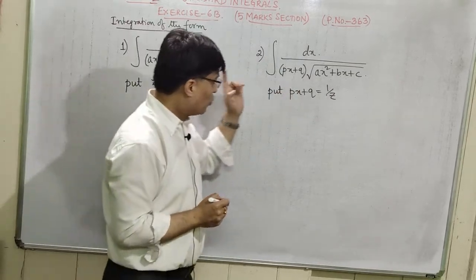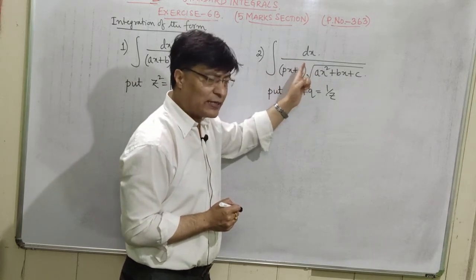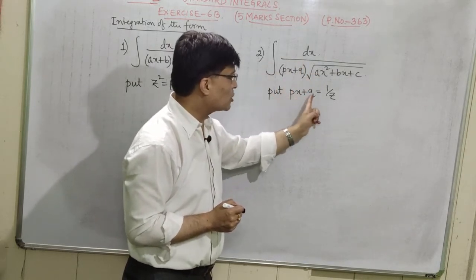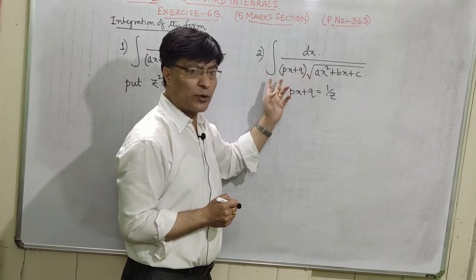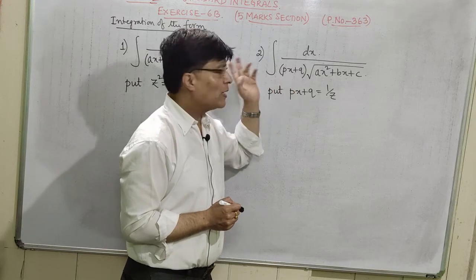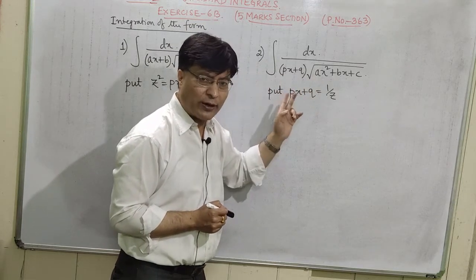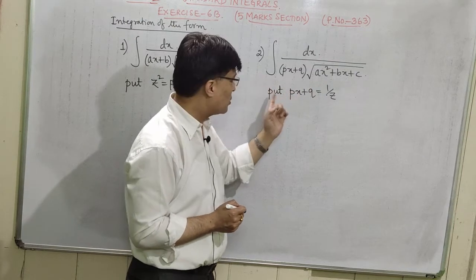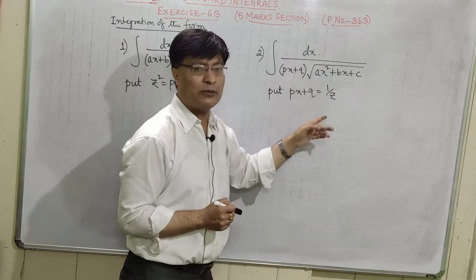So whenever you have such type of integration, you always put px plus q is equal to 1 upon z. The expression outside the square root is a linear expression in x, and the expression under the square root is a quadratic expression in x. So whenever you have such an expression, we always put px plus q, that is the linear expression, as 1 upon z.